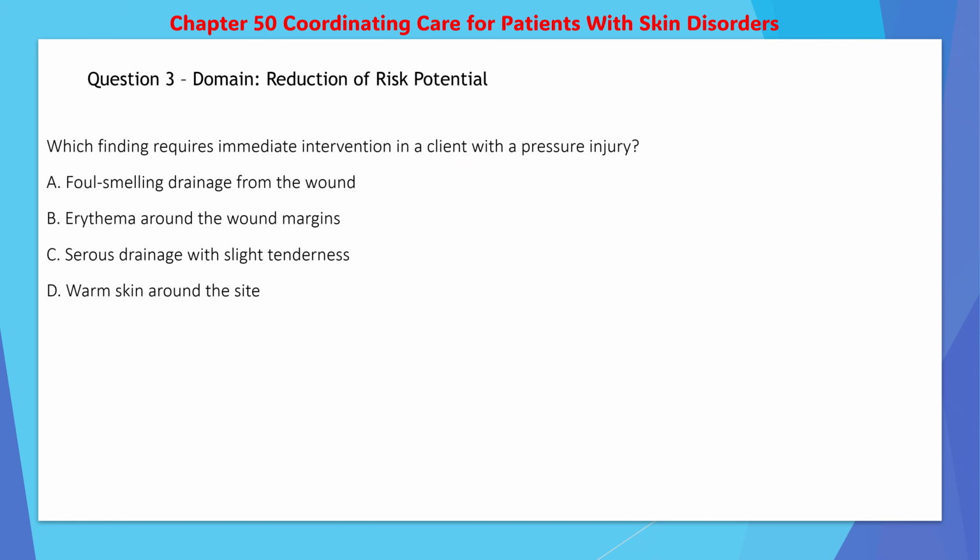Domain, reduction of risk potential. Which finding requires immediate intervention in a client with a pressure injury? Foul smelling drainage from the wound, erythema around the wound margin, serous drainage with slight tenderness, warm skin around the site.